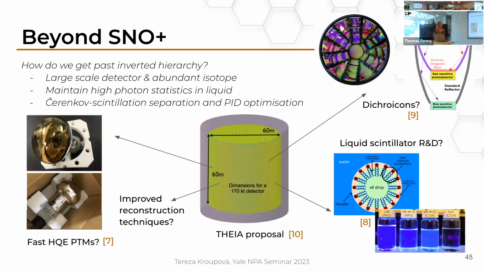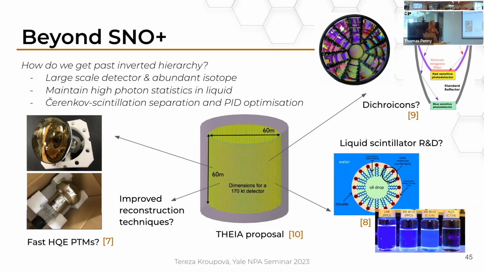So liquid scintillator R&D is one of them. A lot of people are looking at whether you can use water-based liquid scintillator that would have the advantage of the directionality of a Cherenkov detector, where you can, for example, discriminate something like the boron-8 neutrinos, right? That is our most dominant background, so we really want to remove that.